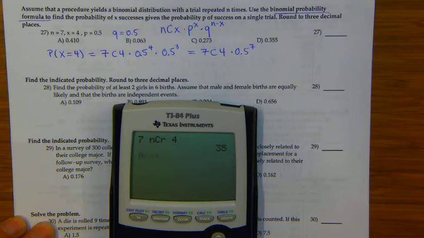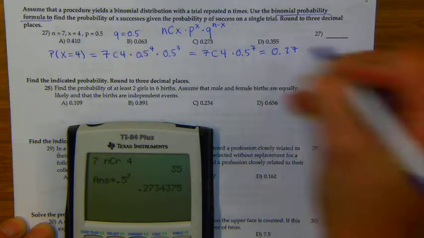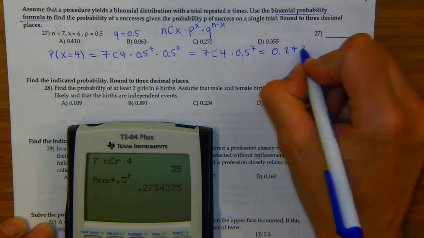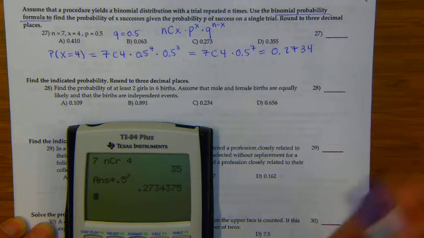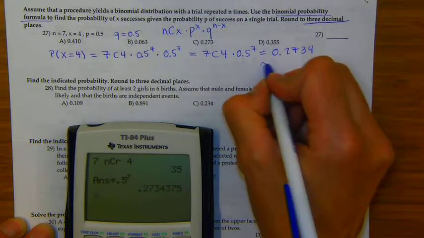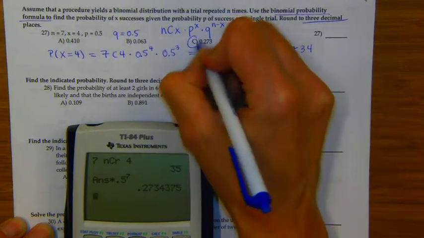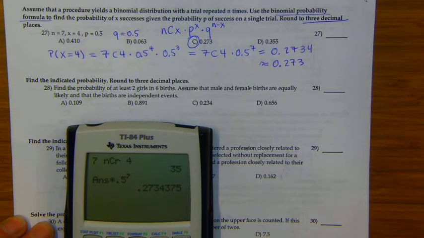Then I'm going to multiply it times 0.5 to the 7th power, which gives me 0.2734. Or over here it looks like we're rounding to 3 decimals. Actually, that's what it said up here. So this is approximately 0.273, which is answer C.